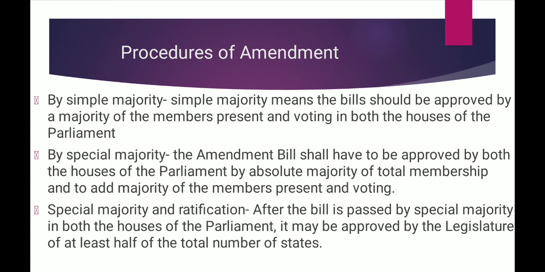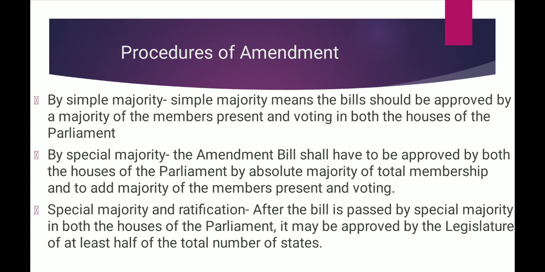Then number 3, special majority and ratification. After the bill is passed by special majority in both the houses of the parliament, it may be approved by the legislatures of at least half of the total number of states.